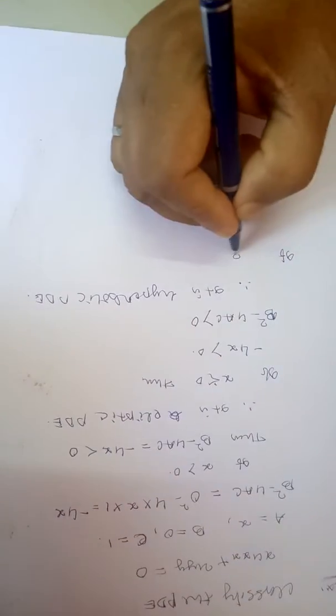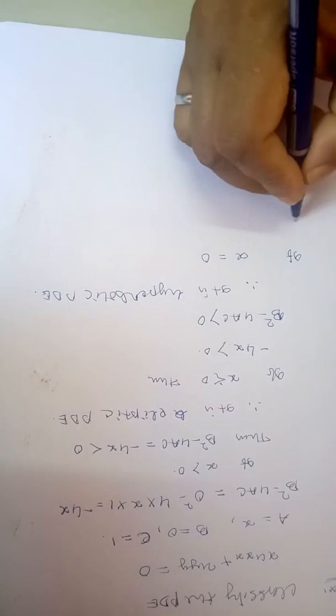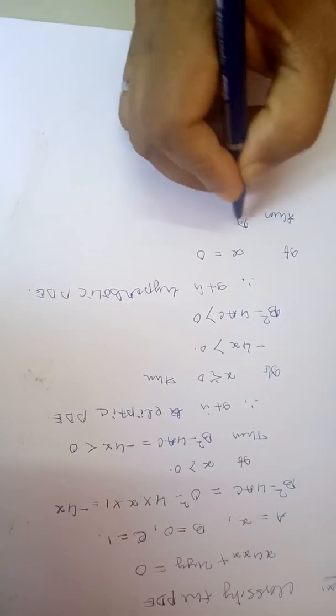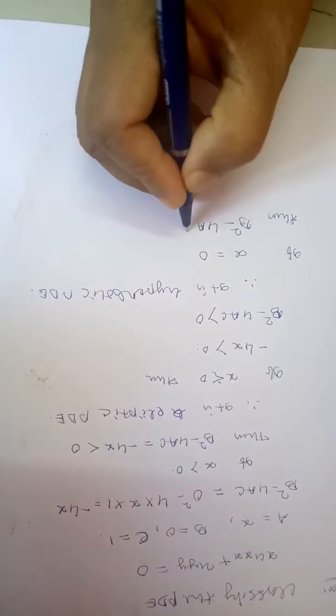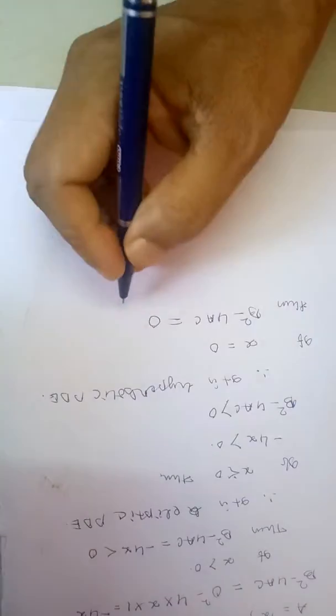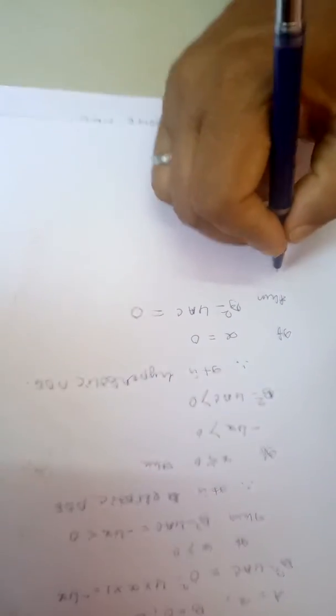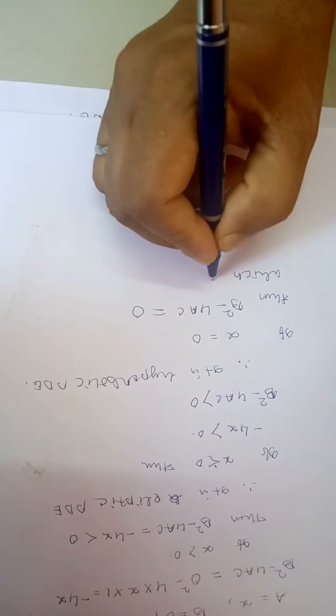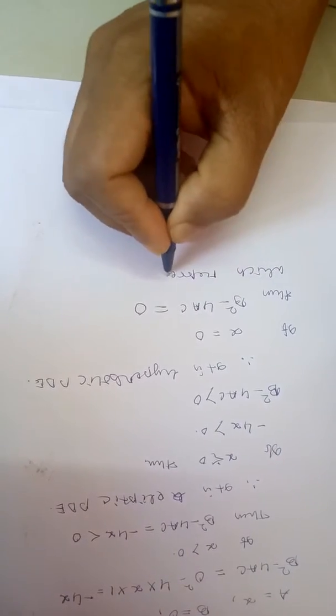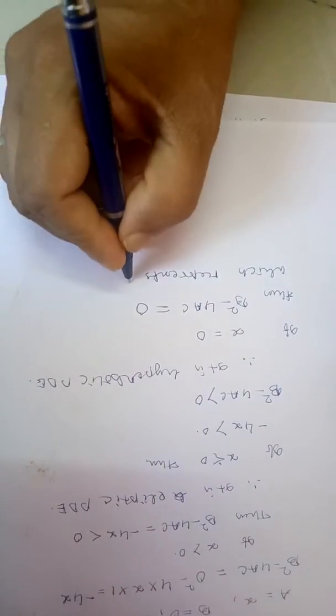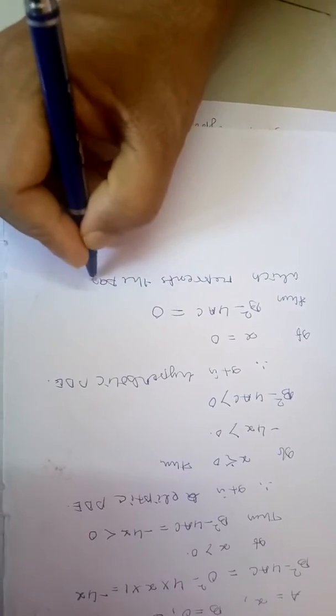If x is 0, then b square minus 4ac equal to 0, which represents the parabolic PDE.